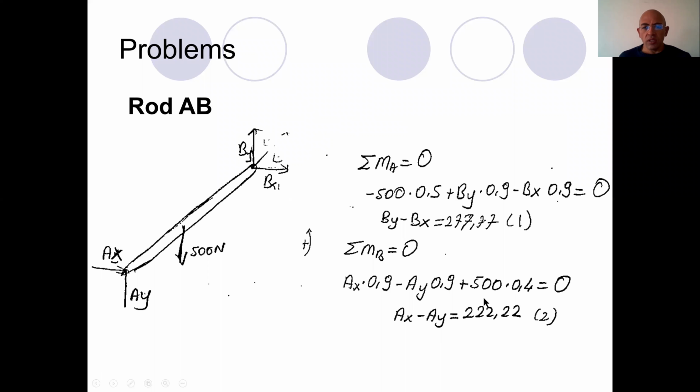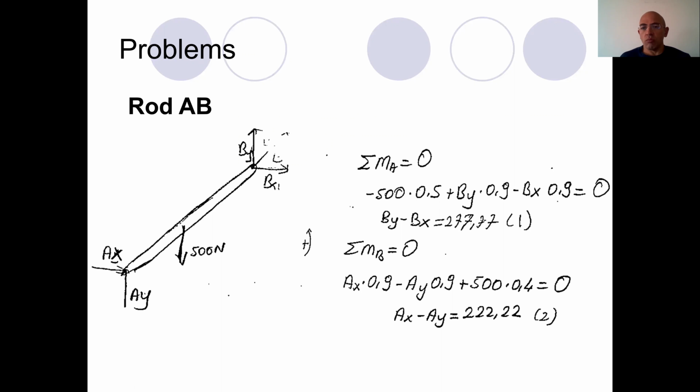Okay, so first thing is to draw the free body diagram of the system. We will begin by rod AB. Rod AB is pinned at A, only the translational motion is restricted. Therefore, we have only reaction forces.